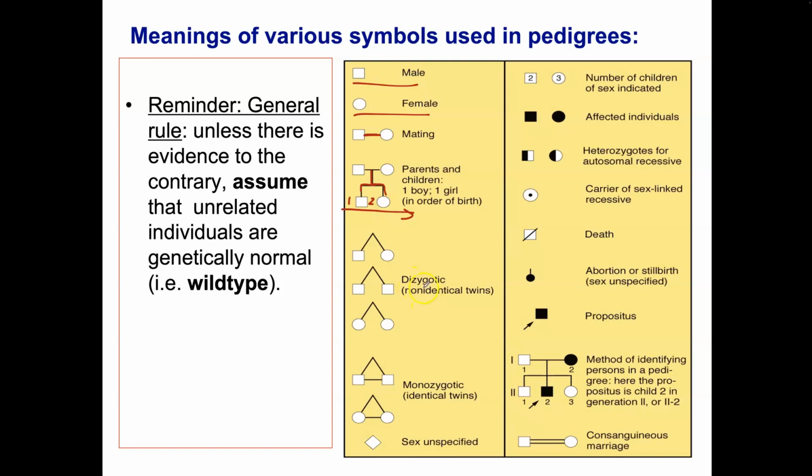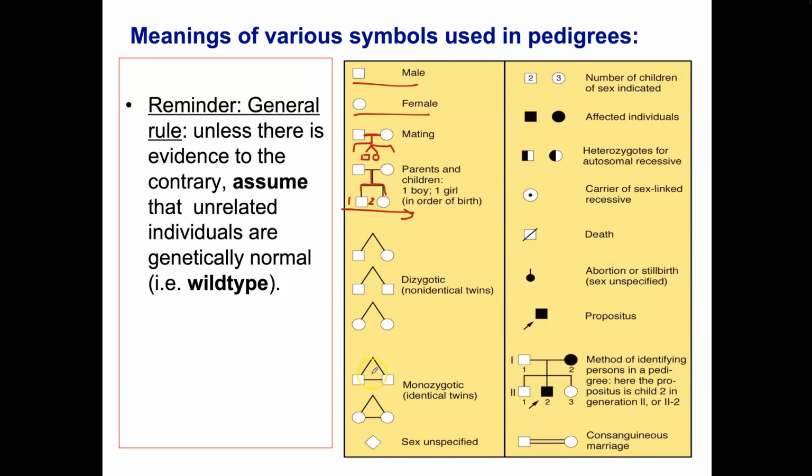Twins that are not identical, they are dizygotic. They are not any more related to each other genetically than these 2 siblings, but they were born at the same time, and so they're just shown this way. So there'd be some kids, and then there'd be your dizygotic twins shown like that.